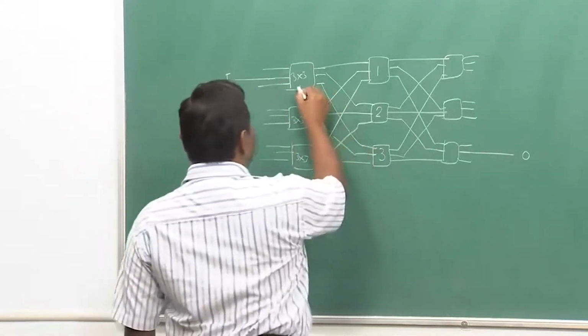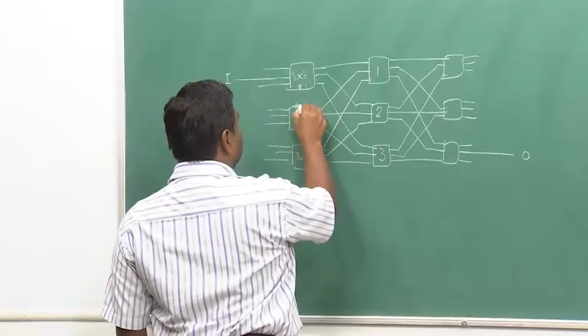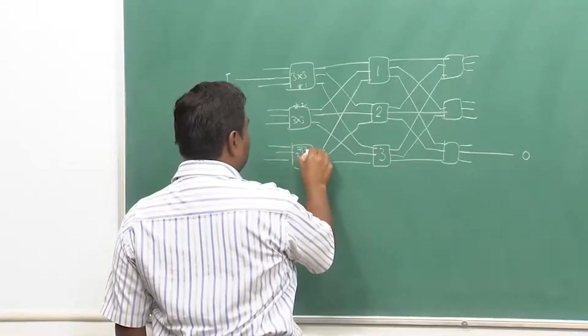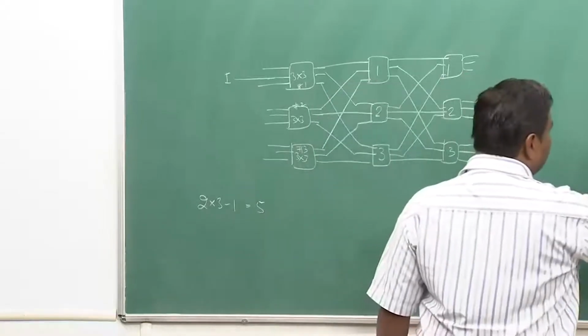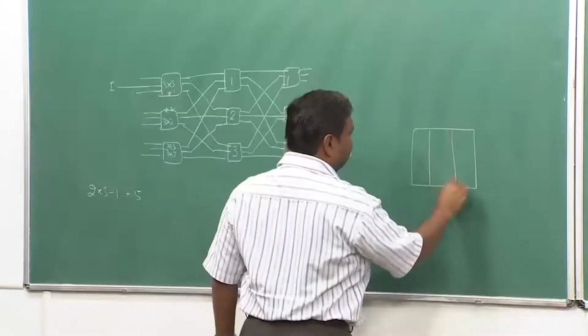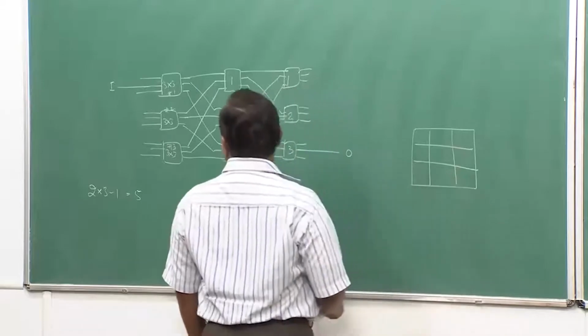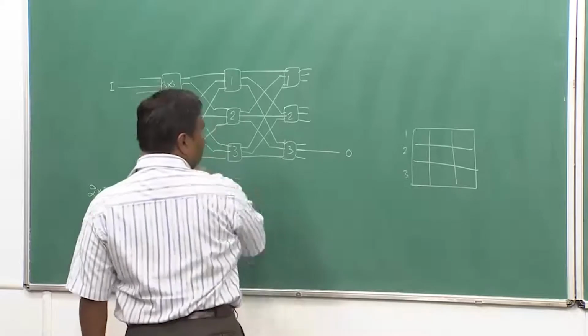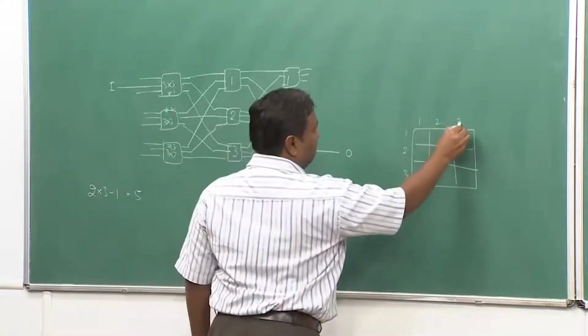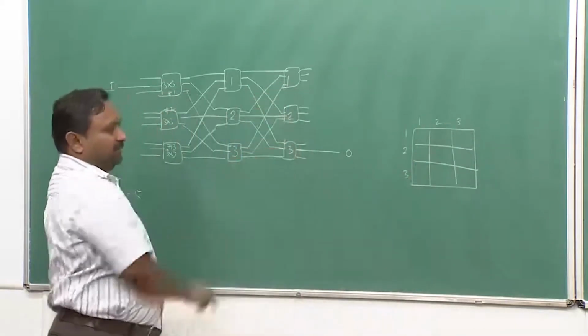So again these are 1, 2, 3. So the paull matrix here will look something like this, it will be a 3 by 3 matrix. So this is the switch 1, 2 and 3, and these are in the third stage 1, 2 and 3.